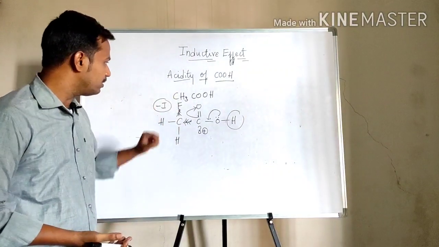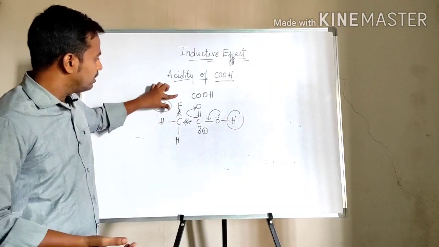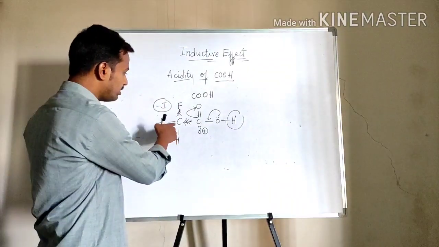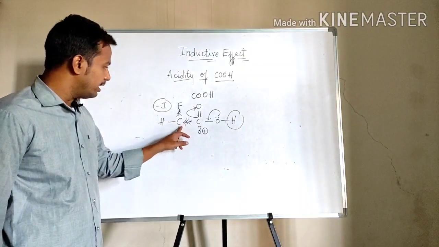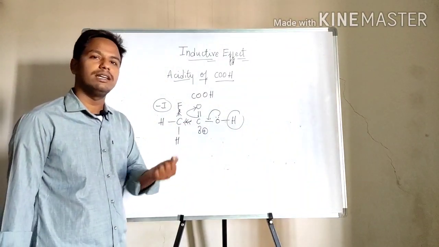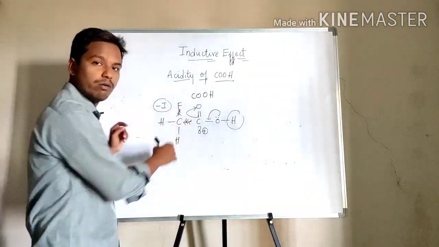Again I will tell you, this minus I is there, right? So it will pull the electron towards itself from the shared pair. So this carbon will be electron deficient. It also pulls towards itself, because it is electron deficient and also needs some electrons.